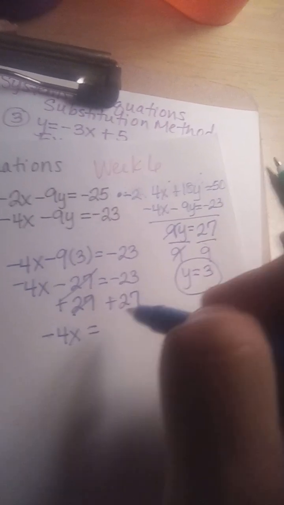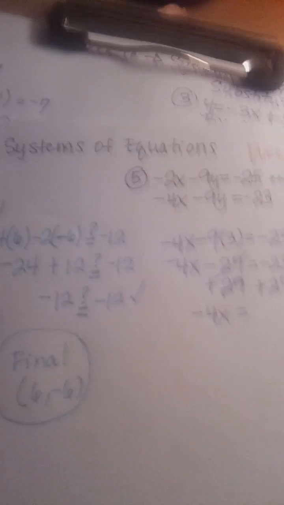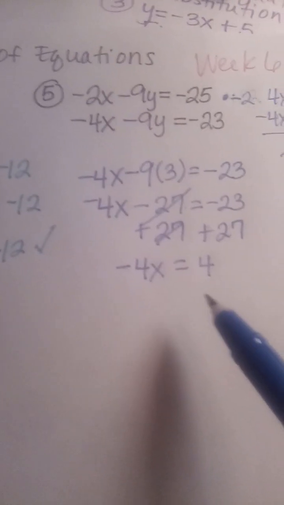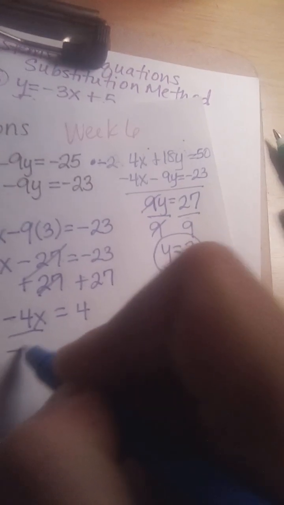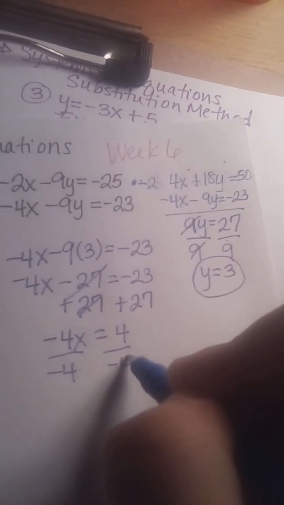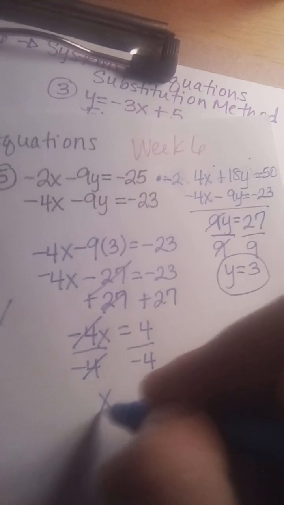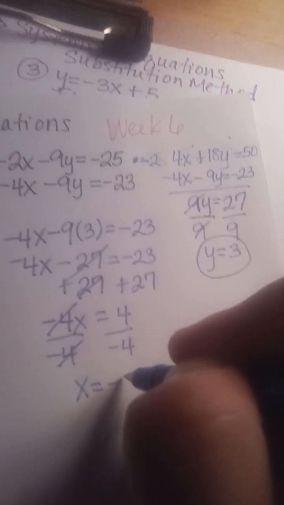Then we have negative 23 plus 27. 27 is bigger, so it'll be a positive 4. Then we divide by what's in front of the variable, which is negative 4. Cross out the negative 4s on the left side. Bring down the x. The answer will be a negative. What is 4 divided by negative 4? It's a negative 1.